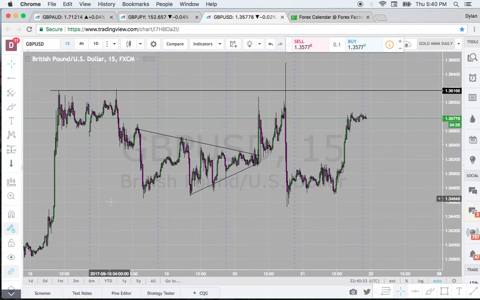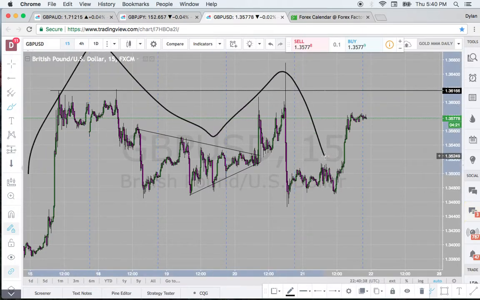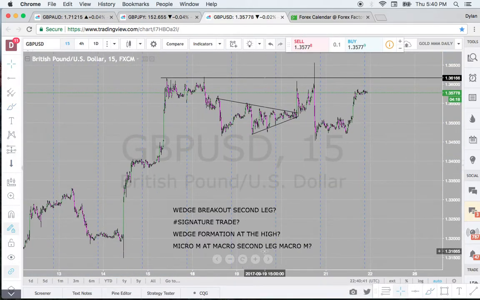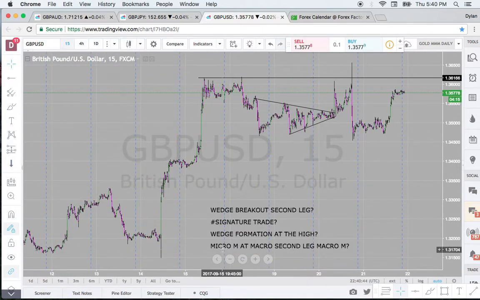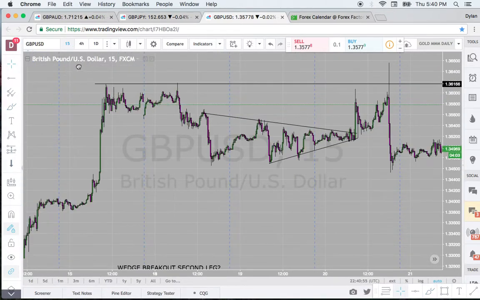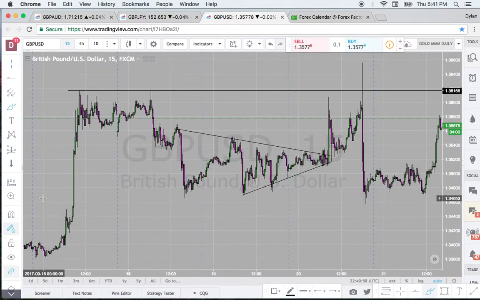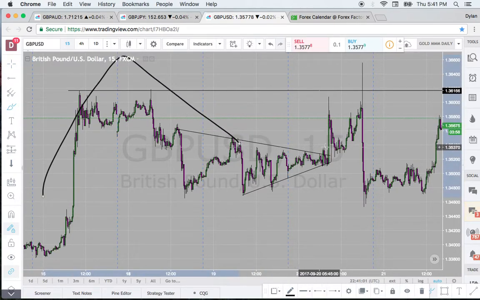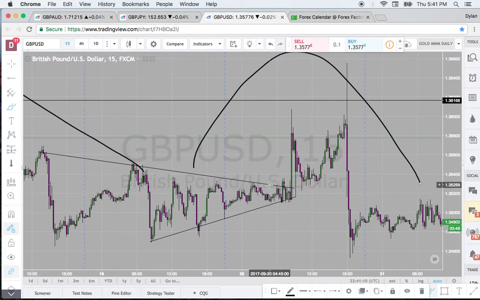So we had the macro M, as I was saying. Second leg macro M. What am I talking about when I say micro M at second leg macro M? Well, here's the first leg of the macro M. And then here's the second leg of the macro M. But that second leg of the macro, inside of it is a micro M, right?